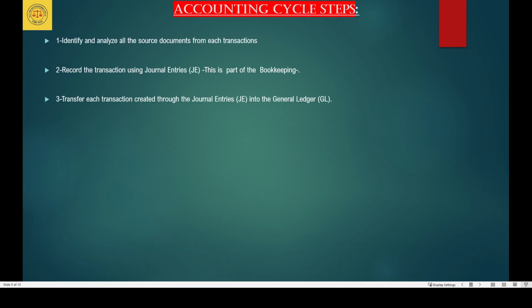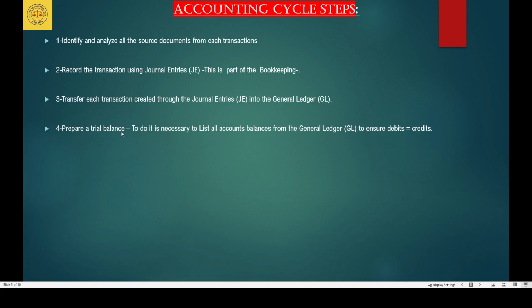When you have several accounts, every single amount that you put in your general journal entry is going to be reflected in a general ledger. So it's going to be transferred to the general ledger. The general ledger pretty much is the single account that shows all the transactions that hit that account. We are going to see that one later on.